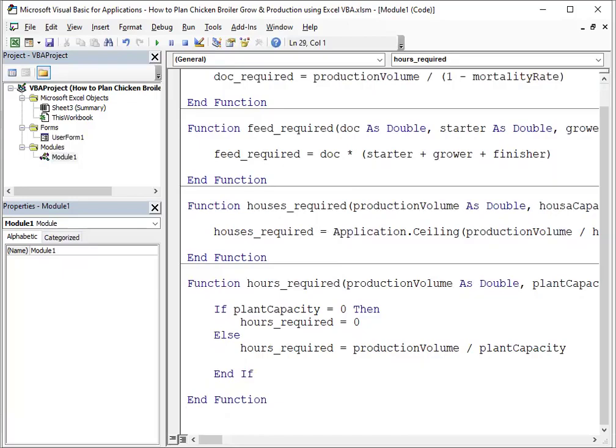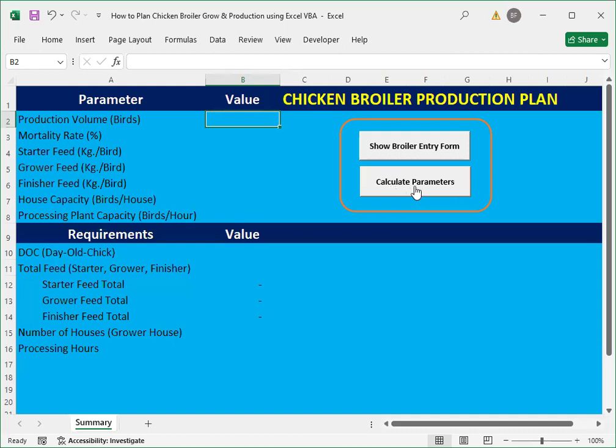So what I'm going to do next is create a macro to update our report, because what we're going to need is this calculate parameters. We're going to need a macro for this, so I'm going to write the VBA code for it.